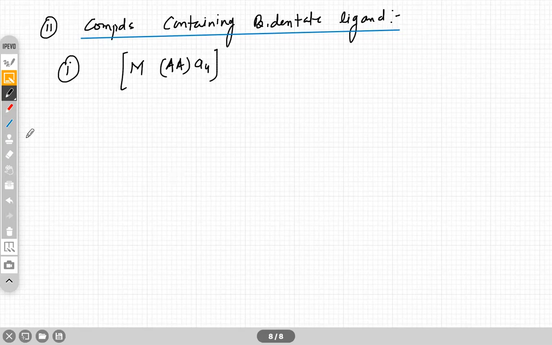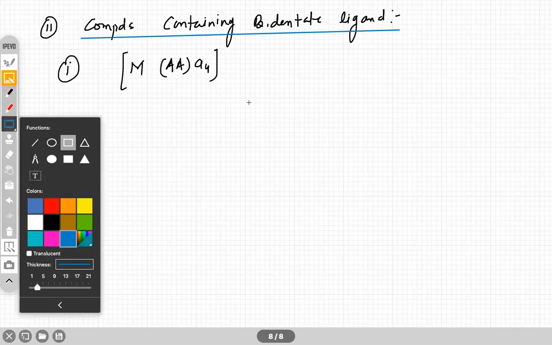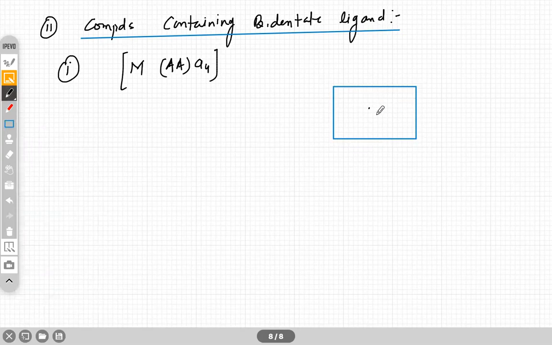When coordination number is 6, the geometry is octahedral, and to draw the structure, we'll draw a square. What you have to keep in mind here, whenever you have a bidentate ligand, whether it is symmetrical or unsymmetrical, the two donor atoms, in this case A and A, must be present at 90 degrees. 180 you cannot place.